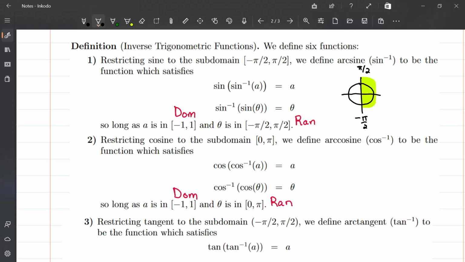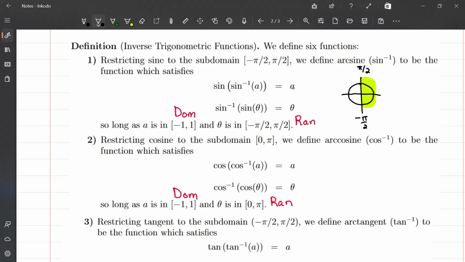The inverse then has to satisfy a couple of equations, which shouldn't be surprising after our previous page, and they are sine of sine inverse of a number a should just give us a back again, and sine inverse of sine of an angle theta should give us the angle theta back again, but there are some caveats. A here is the output of sine. It is one of the outputs that sine gives us because, remember, when we're working with a function and an inverse, we're going back and forth between the inputs and the outputs.